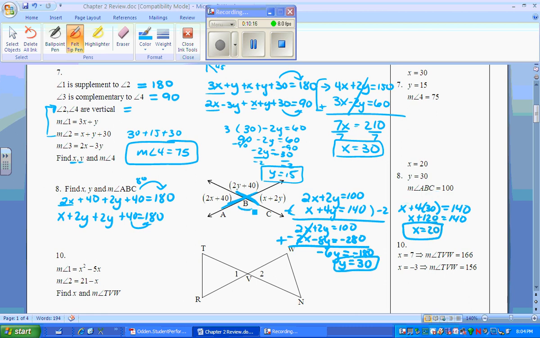Well, ABC, this angle is congruent to this angle. They're the same. They're vertical angles. So we can then plug it back into here, and we can say 2y, when y is 30, plus 40. So this is 60, 60 plus 40. That means the measure of ABC is equal to 100.